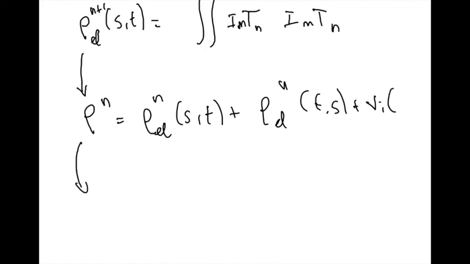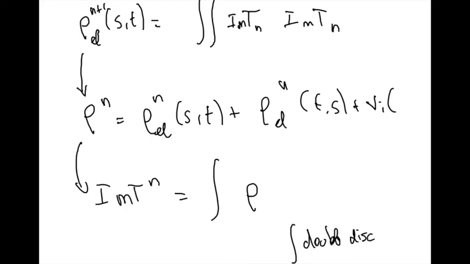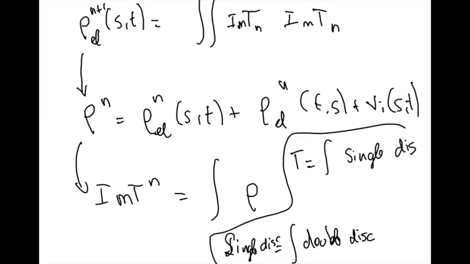From this double disc, you compute the single disc Im T_n given by the integral of rho. Just like the dispersion relation, the integral of the double disc is the single disc, just like you get that the function is the integral of the single disc. So that's how you do it.